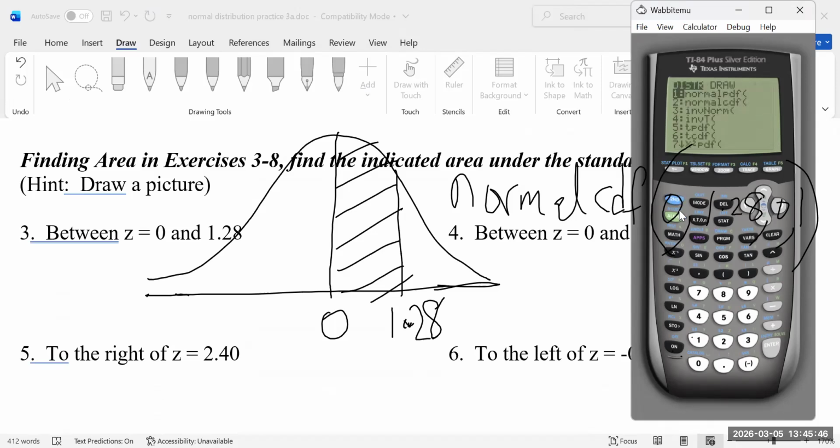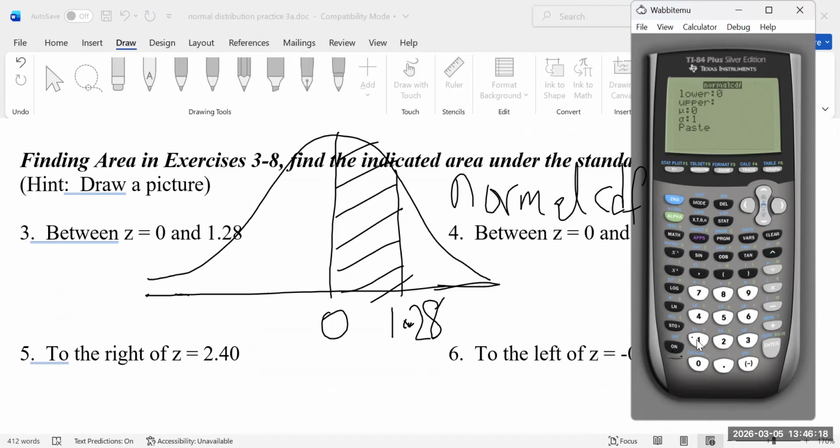By the way, let me clean everything before I start. Okay. Normal CDF is number 2, so I select number 2. It's asking me what the lower number is. The smaller number is 0, the mean. What is the upper number? The upper number is 1.28.